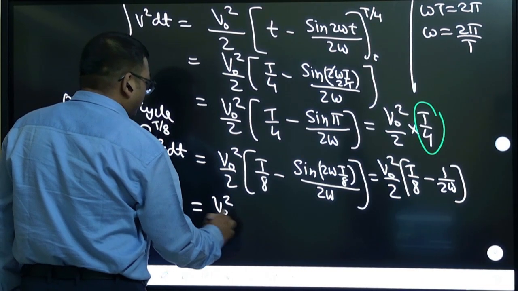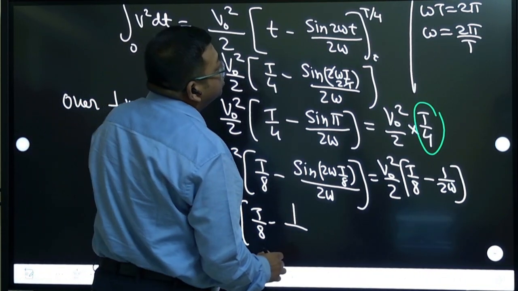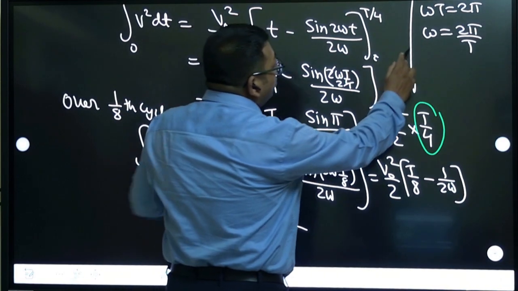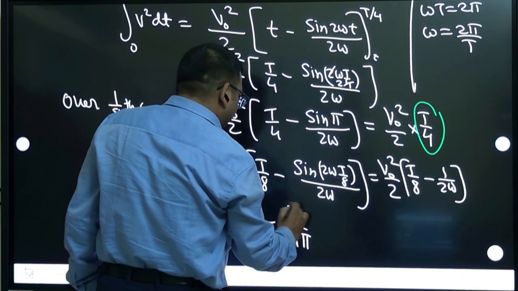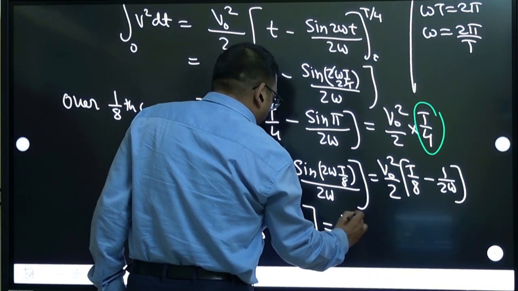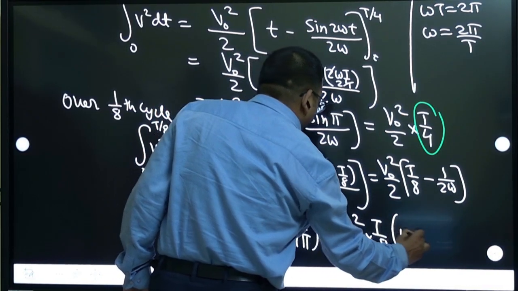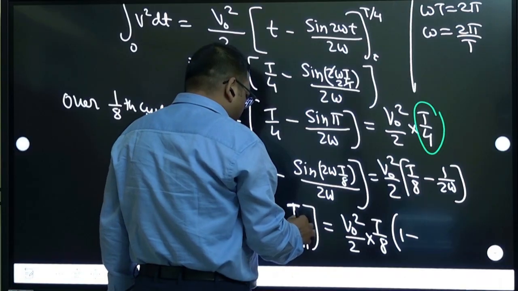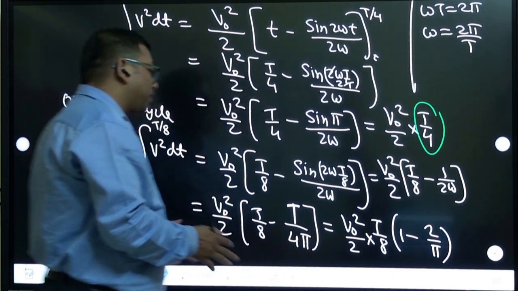So V naught square by 2 into t by 8 minus, 2 omega will become 4 pi by t. Let us take t by 8 common, so 1 minus 2 by pi. So this is what you will get.